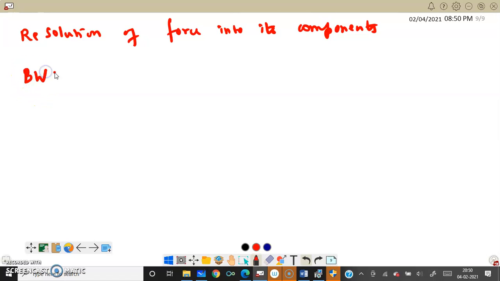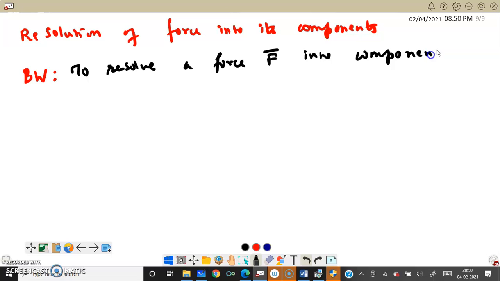Bookwork. What is the bookwork? To resolve a force F into components in two given directions.